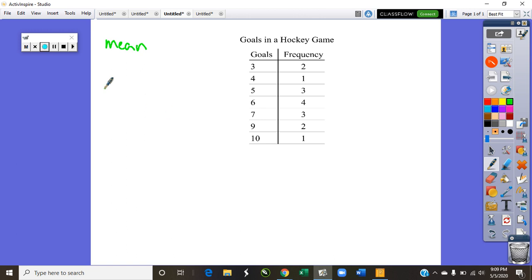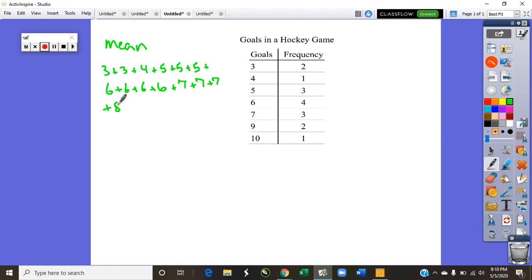All right, so as we go through this, we're finding the mean. So we have 3 goals in a game. We had that happen twice. So 3 plus 3. How many times did 4 happen? Once. 5 happened 3 times. 6 happened 4 times. 7 happened 3 times. 9 happened twice.